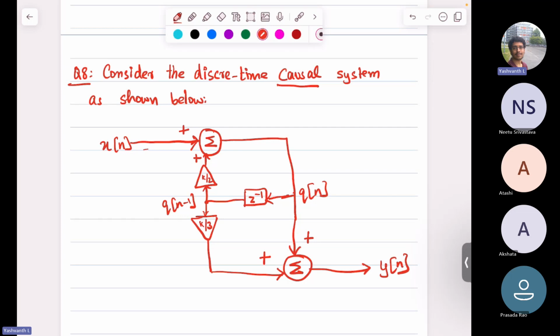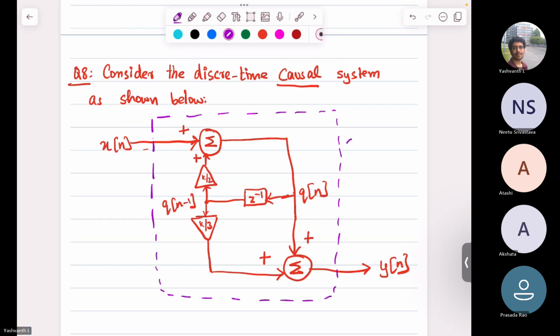So basically it is some system. You can think of this entire thing as a system H, with impulse response equal to h of n. Is it clear?